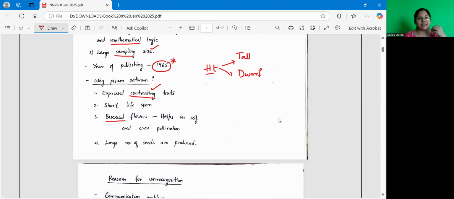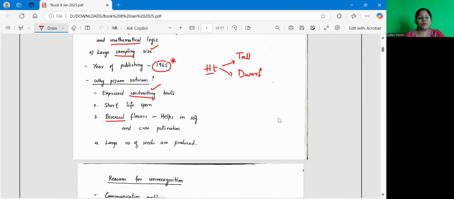Next, it has bisexual flowers, which can help him for both cross-pollination as well as self-pollination. So he can play with that. And also, whenever he was getting progeny, he was getting a large number of seeds at one time. Clear? So these were the four reasons for selecting the pea plant in his experiment.